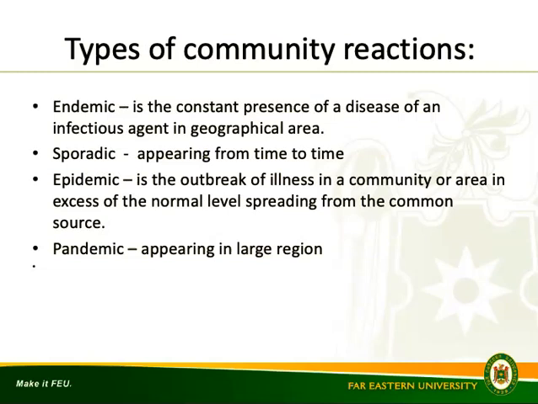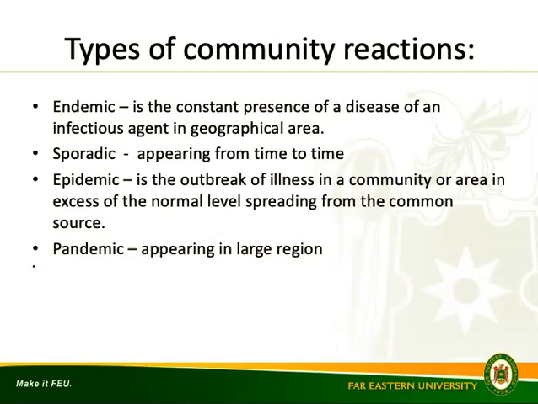Now, epidemic, as we have said, is the outbreak of illness. It refers to an increase, often sudden, in the number of cases of a disease above what is normally expected in that population, in a certain geographical location. Outbreak carries the same definition as epidemic, but is often used for a more limited geographical location.